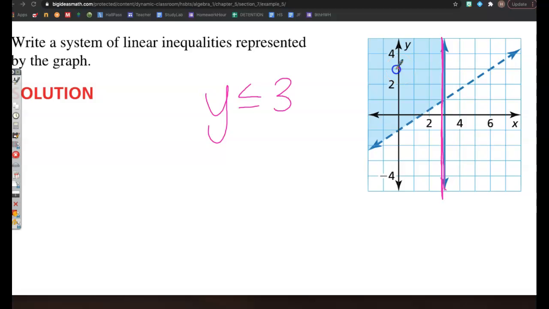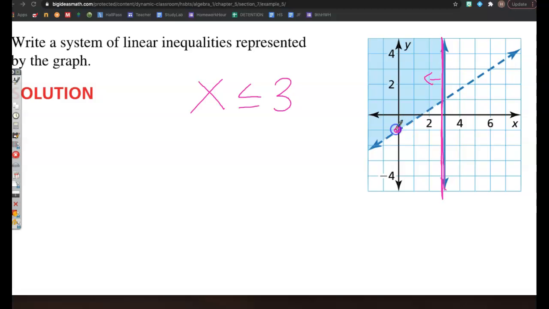X is equal to 3. It has to be x because it is a vertical line and the x's are always 3. And we also know it has to be less than because it is shaded towards the smaller numbers.